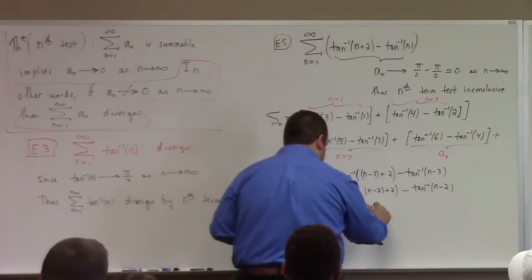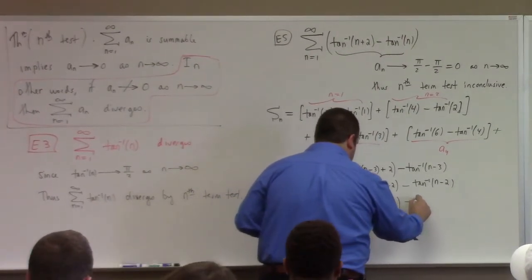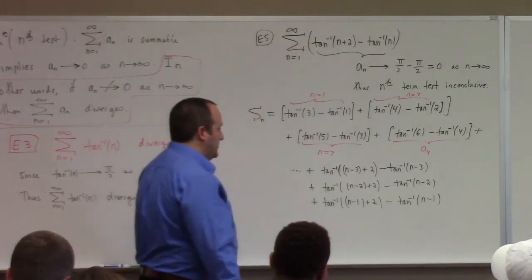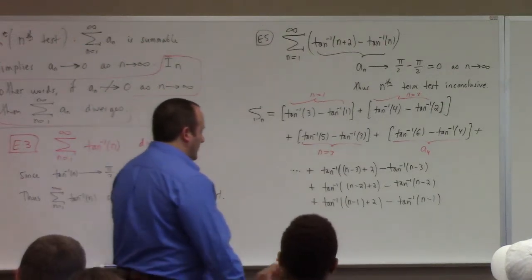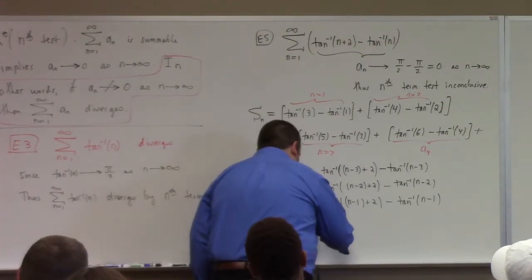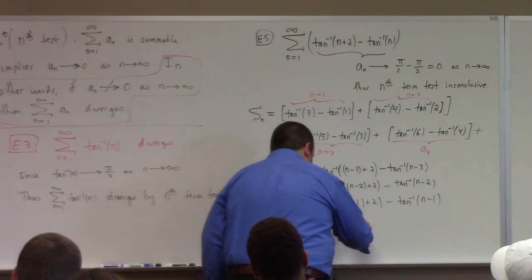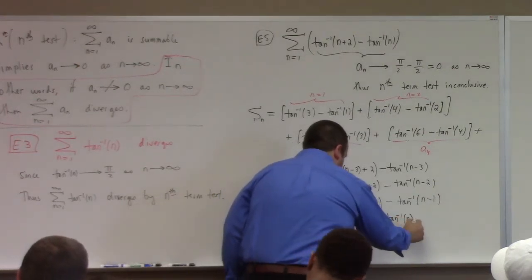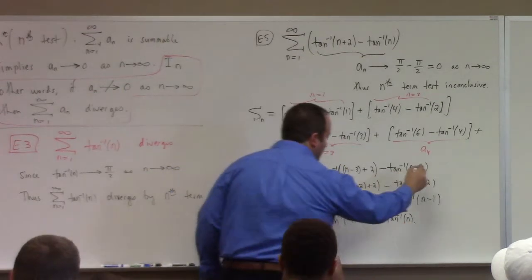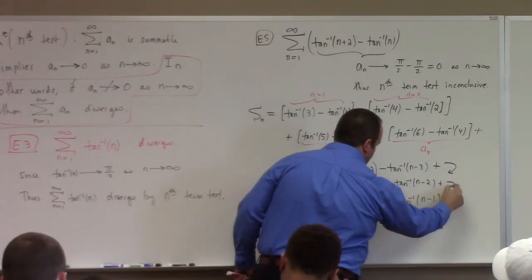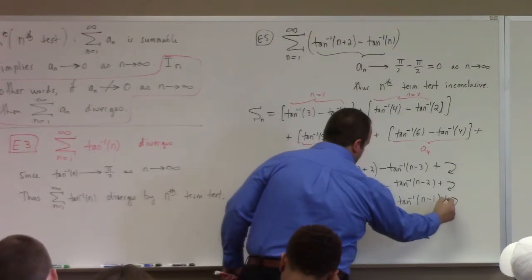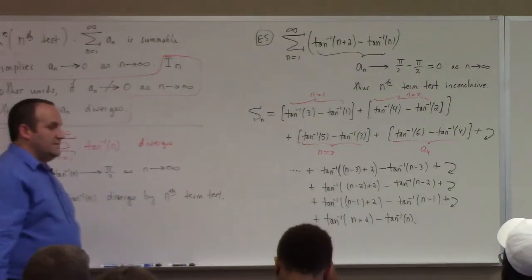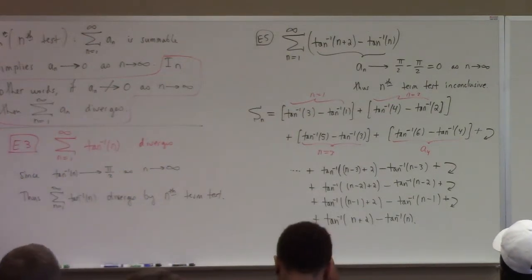Inverse tangent of n minus 1 plus 2 minus the inverse tangent of n minus 1. Man, I'm a glutton for punishment here. All right. I don't think you need to quite write this much, but it probably is not bad. All right, there it is in all of its glory. So what I'm attempting to write down here for you is the nth partial sum.